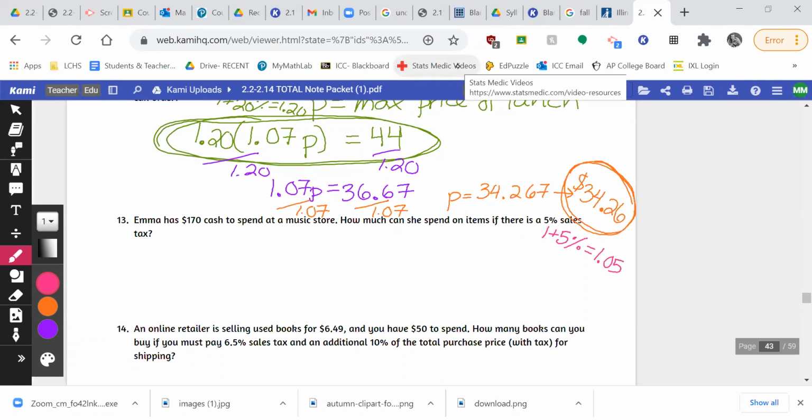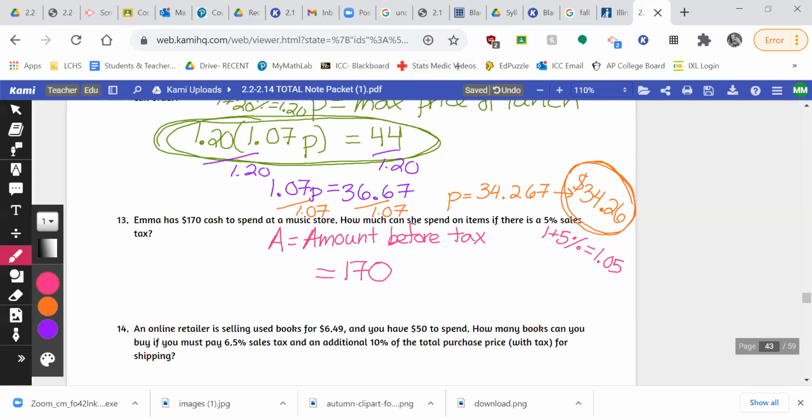Let's first define our variable. That's going to be how much she can spend before tax, so let's just say A, the amount before tax. We know that the total will be 170, and there's going to be only 5% sales tax applied.